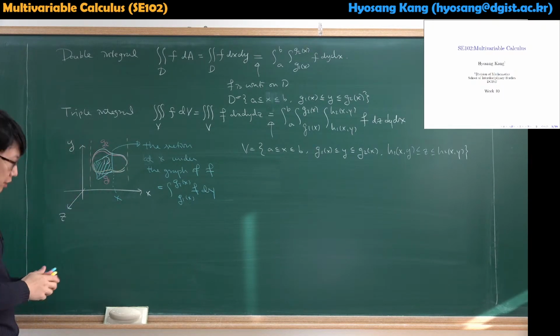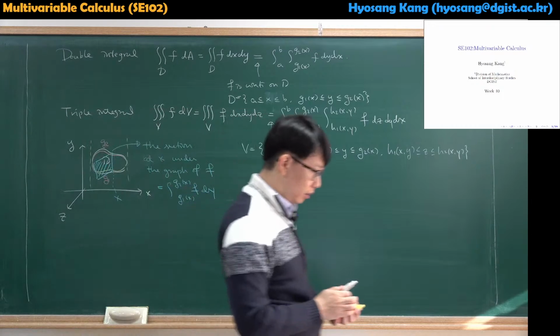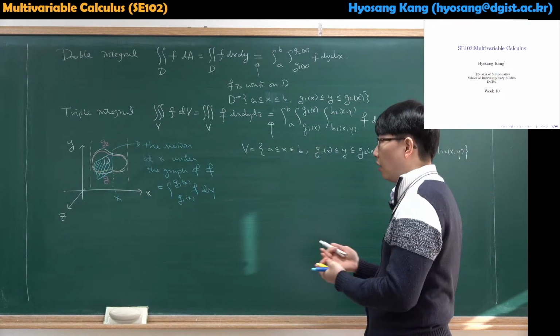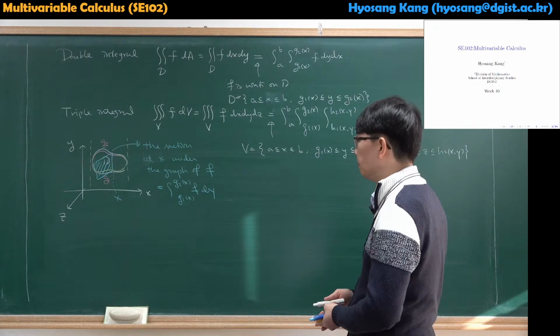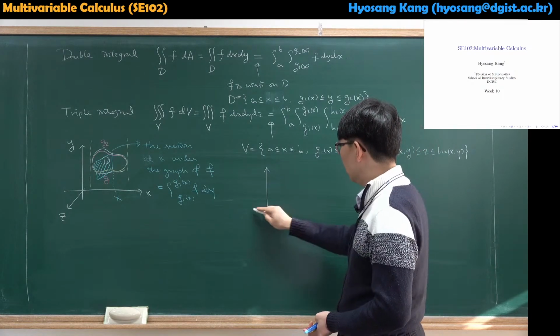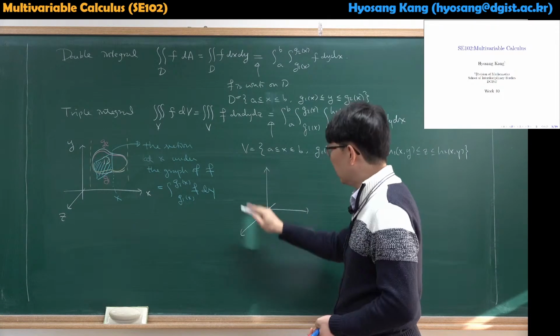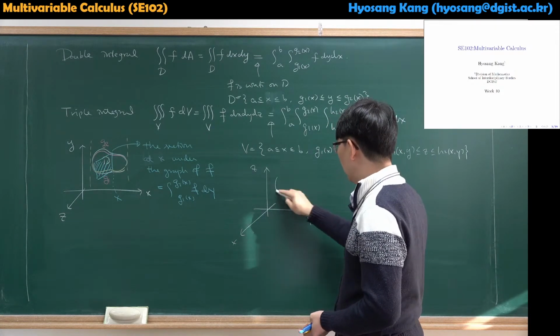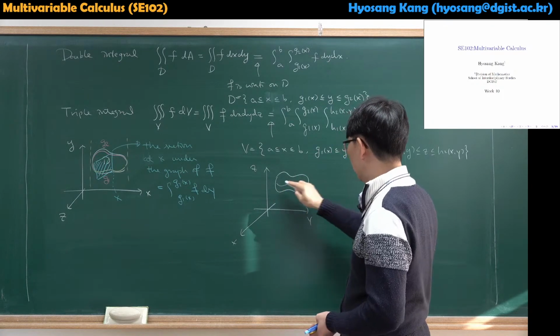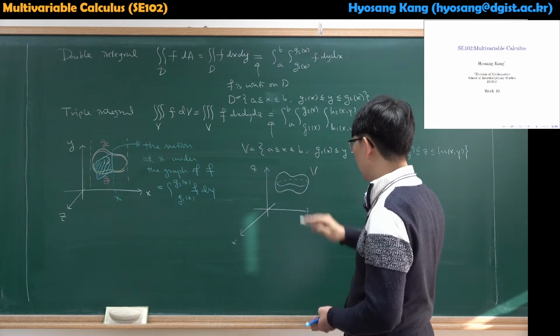And for the triple integral, you have to remember a similar picture, but now we would draw the graph of the function in four-dimensional space. So you have to look at only the bounded region V inside of this three-dimensional space. Suppose that we have a bounded region V here.